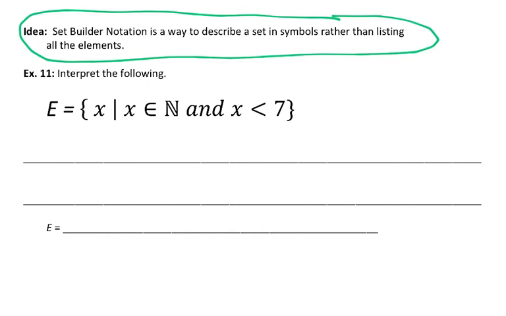So take a look at the example we see right here, which should actually just be example 1, sorry. Interpret the following, and then you see this very complicated looking thing. So everything in here is shorthand, and I will explore what it means. We know automatically that that symbol right there has to do with the set. So we're going to say the set.